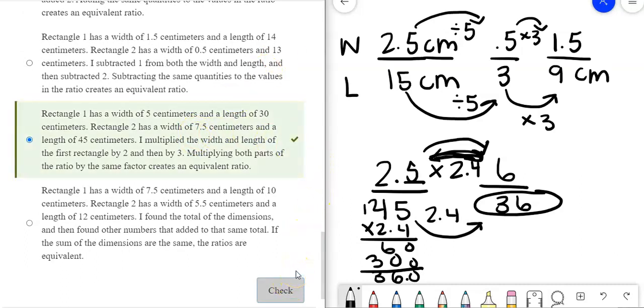Rectangle 1 has a width of 5 centimeters and a length of 30 centimeters. Rectangle 2 has a width of 7.5 centimeters and a length of 45 centimeters. I multiplied the width and the length of the first rectangle by 2 and then by 3. Multiplying both parts of the ratio by the same factor creates an equivalent ratio.